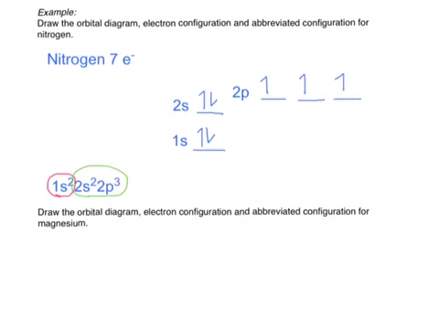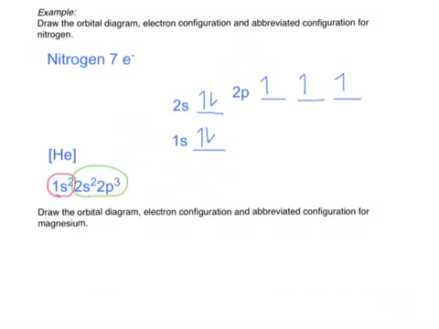All right, so in order to represent those that are in the inner shells that are already full, we use the noble gas that has that number of electrons. So for nitrogen we only have the 1 full, and so the noble gas that has a full 1 energy level is helium.